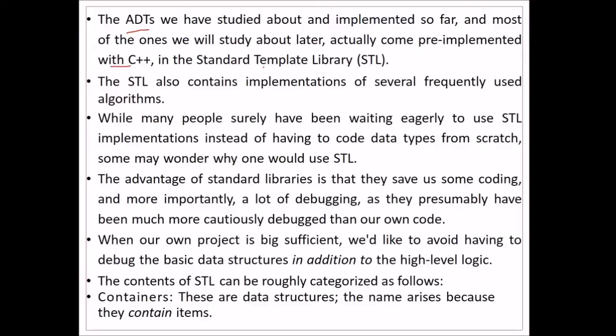In C++, we call it the Standard Template Library, and this library consists of pre-implemented ADTs. And STL contains implementations of various algorithms which we use frequently. You don't have to write everything from scratch because we have this STL.